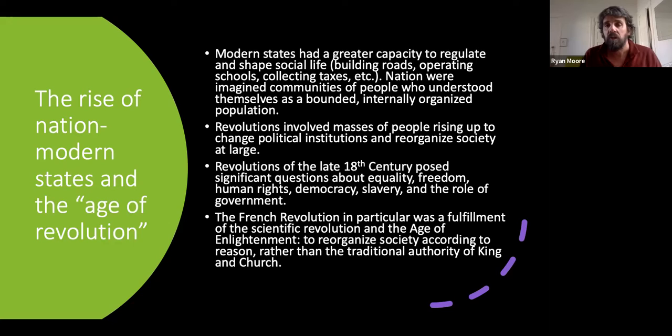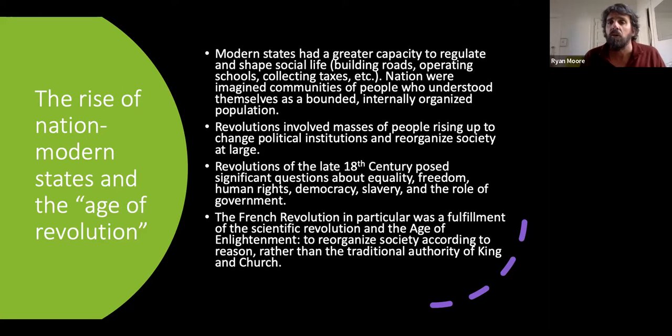The French Revolution, in particular, was a fulfillment of these ideas that we'll look at in the next slide, that had come about from the scientific revolution and the Age of Enlightenment, which was to try to reorganize society according to reason, rather than the traditional authority of king and church.